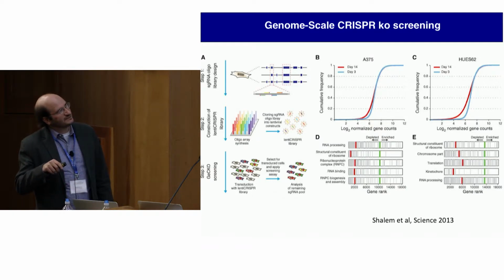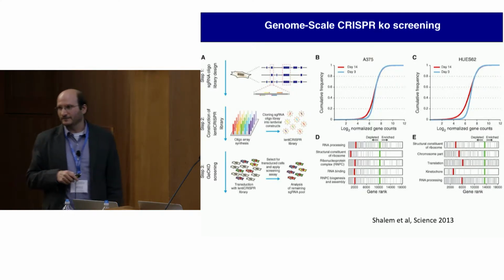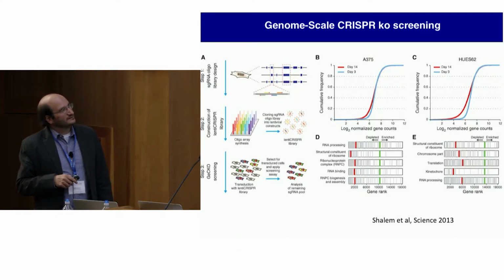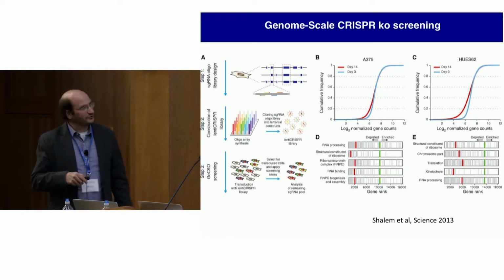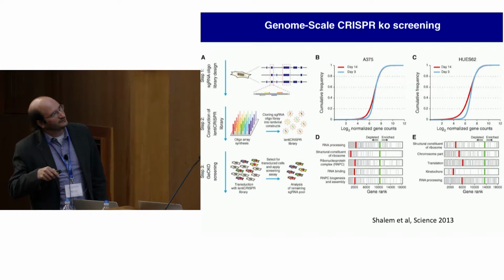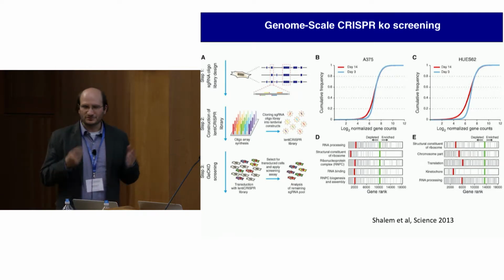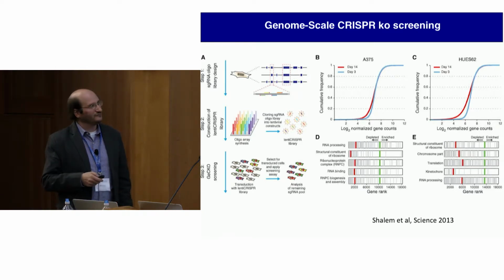What you can see is that after 14 days of growth, you start to see a population of cells that are lower in abundance than they were at day 3. That is because they're dying, of course. You knocked out a gene that was important for their growth. You can see what some of these genes are. They're key cellular processes: RNA processing, RNA binding, ribosome biology. These are core machineries that are absolutely required for cell growth.